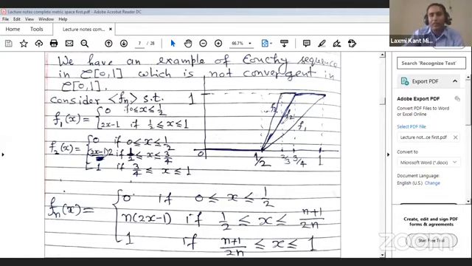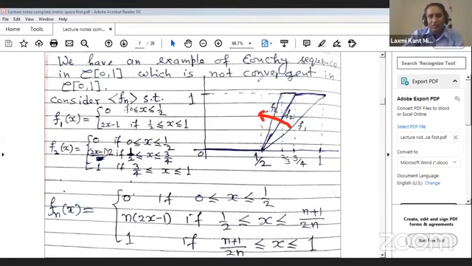We are seeing here that all these functions f1, f2, f3 and so on are moving towards this. This is clearly a Cauchy sequence.